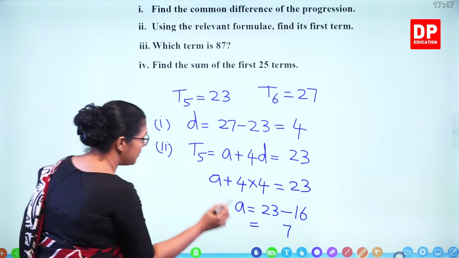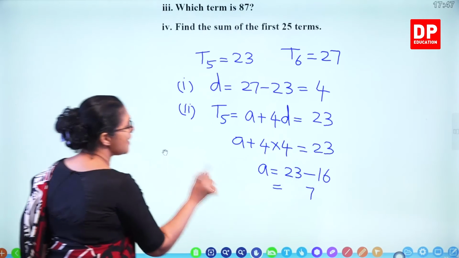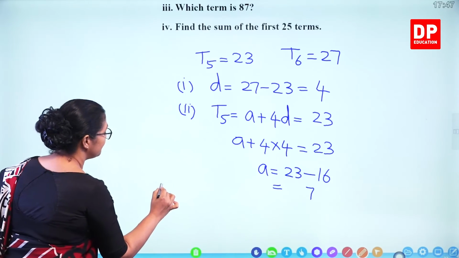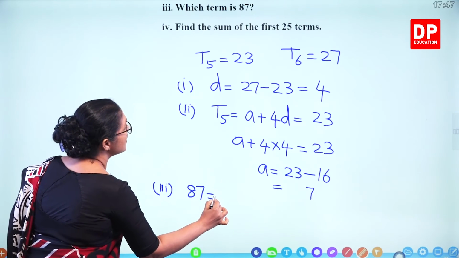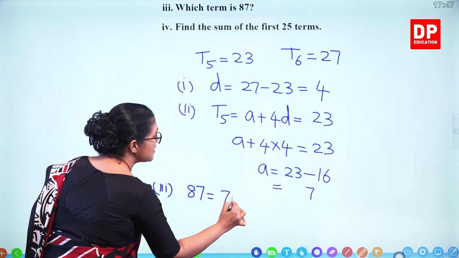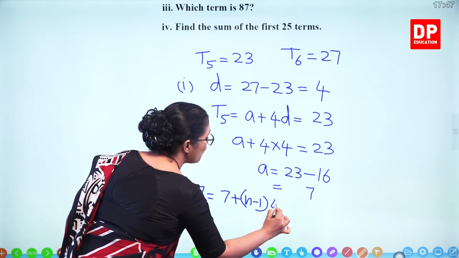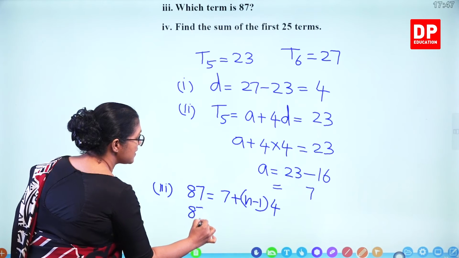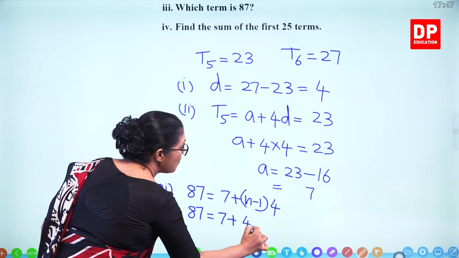Then part 3. Which term is 87? So the nth term 87 is equal to the first term 7 plus (n minus 1)d. d equals 4. Now open brackets. 87 is equal to 7 plus 4n minus 4.